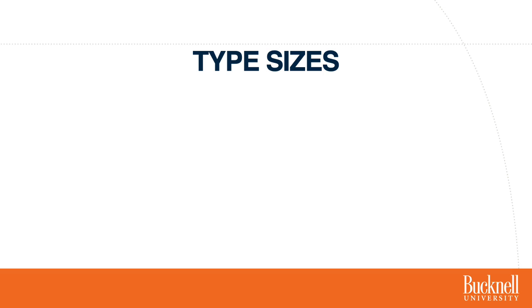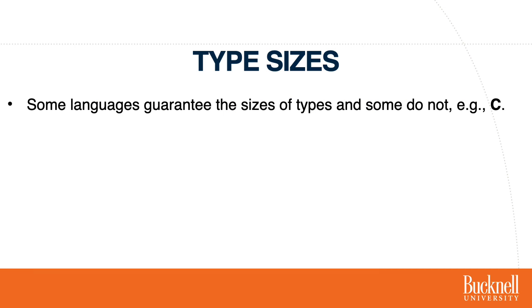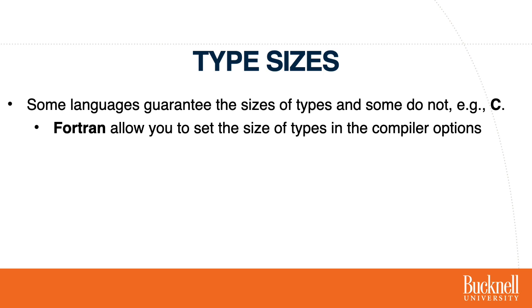So let's talk a little bit about sizes. Some languages guarantee the sizes of types, and some do not. Some compiled languages, such as C and Fortran, allow you to set the size of the types in the compiler options. As a result, the size of the type can actually change every time you compile if you use different options.